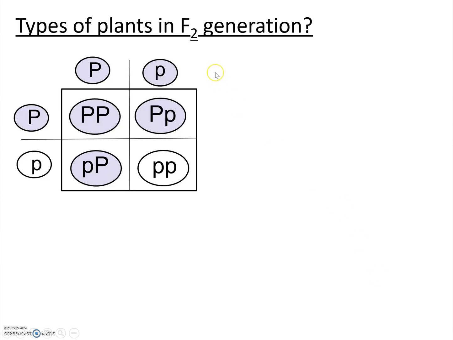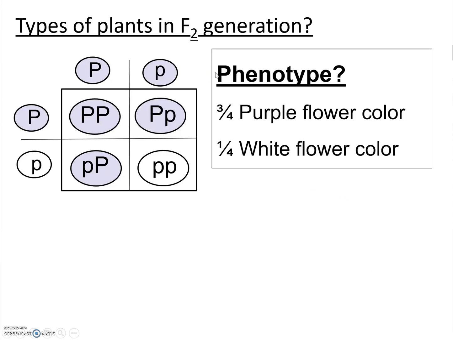The other interesting thing, if we take a look at the types of plants that are out there, we can divide them up into 2 different ways of looking at them. One is what's known as the phenotype, and this is what we actually observe as a result of those alleles being used inside of the cells right here. And so when we look at this population of plants out there, 75% of them are going to be purple in color.